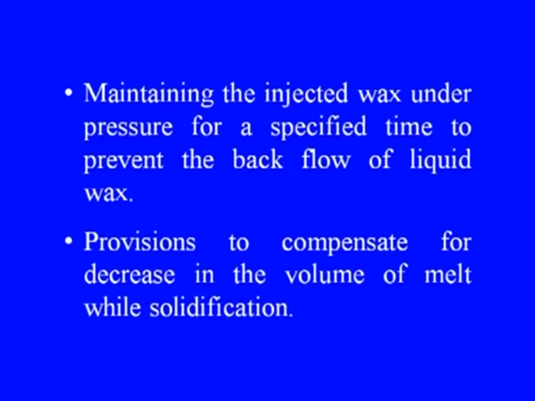This machine has the following essential components and provisions: a jacket provided for heating and melting of the wax that occurs in an aluminum reservoir with provision for slow speed stirring, injection of the liquid wax from the brass cylinder under pressure into a closed mold, then maintaining the injected wax under pressure for a specified time to prevent the back flow of the liquid wax, then provisions to compensate for decrease in the volume of melt while solidification.